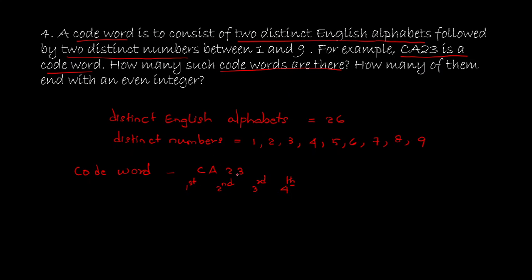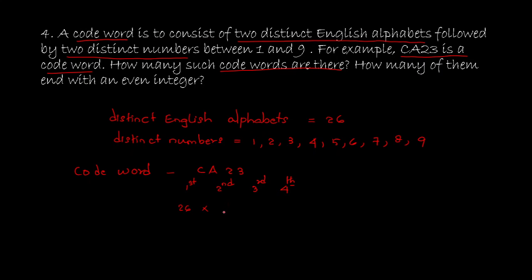Let's try. For the first place, it's an English alphabet. We can choose one alphabet from 26, so for the first place, there are 26 ways. The second place is also an English alphabet.